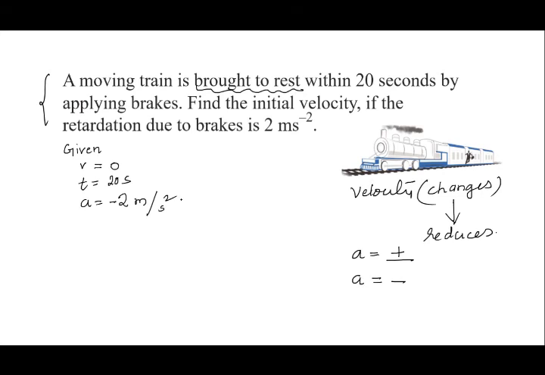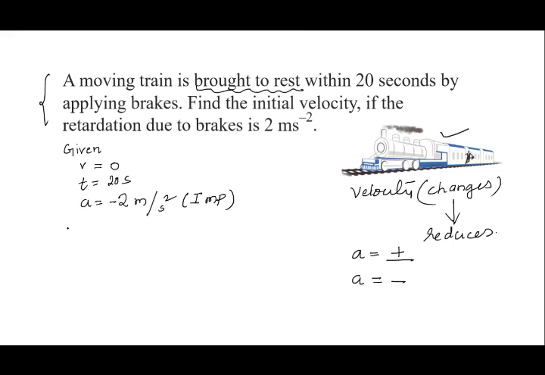This is a very important step, where you should not make any mistake. So a is equal to minus 2 meter per second square. In all such situations, read whether the velocity reduces or increases. If it increases, the acceleration is positive. If the velocity reduces, the acceleration is negative.